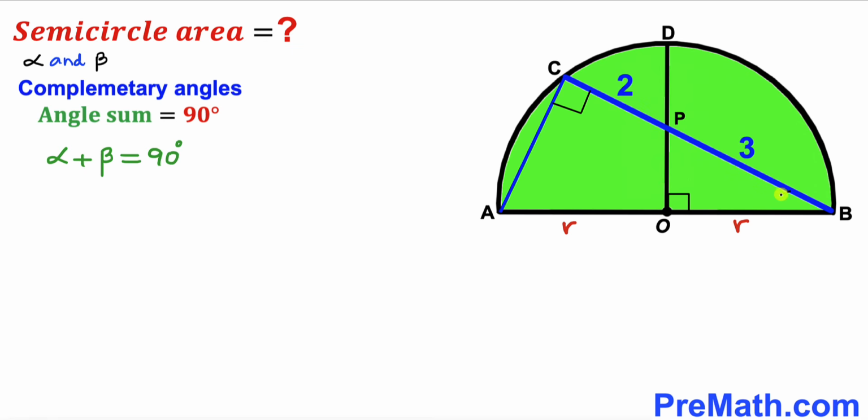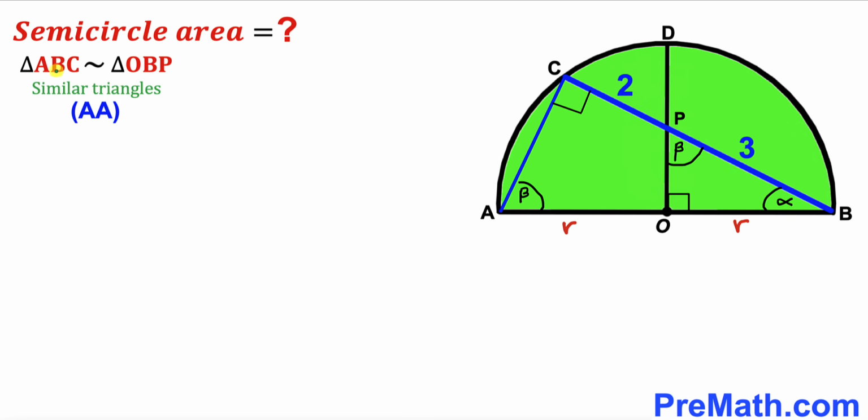If I call this angle alpha, then in the smaller triangle OBP, since this angle is 90 degrees, this angle has to be beta. Now in the larger triangle ABC, if this angle is alpha and this angle is 90 degrees, then this angle has to be beta. Therefore, the two right triangles ABC and OBP are similar by the angle-angle similarity theorem.